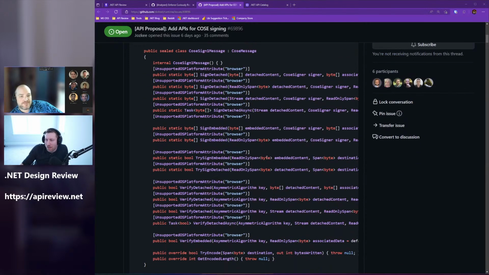All right, so then COSE sign one message, I guess. Yeah, so this looks a mess just because of overloading and the platform not supported or unsupported browser attributes. So again, it's not constructible.